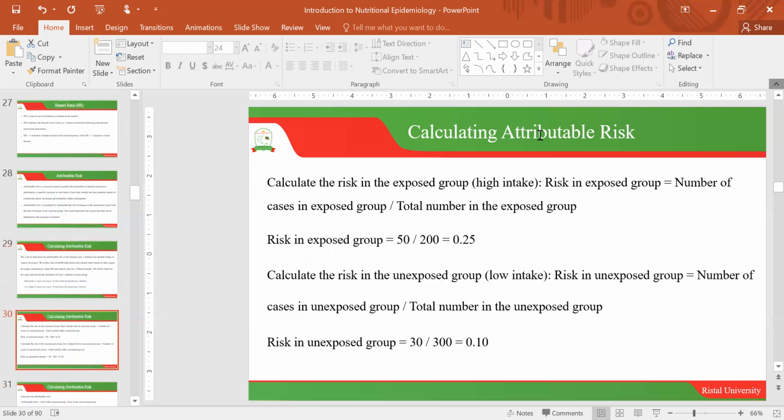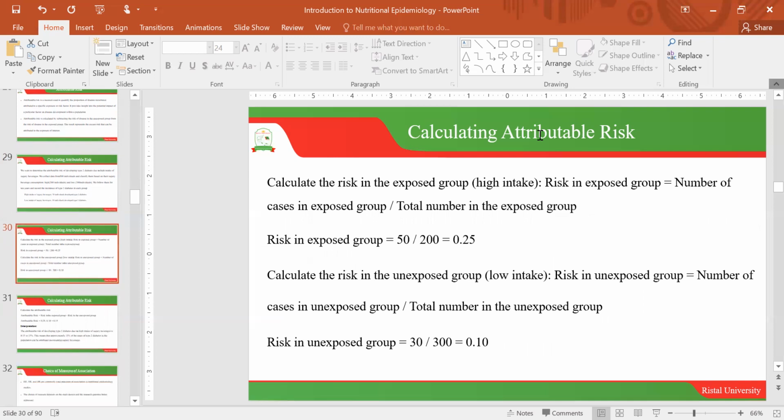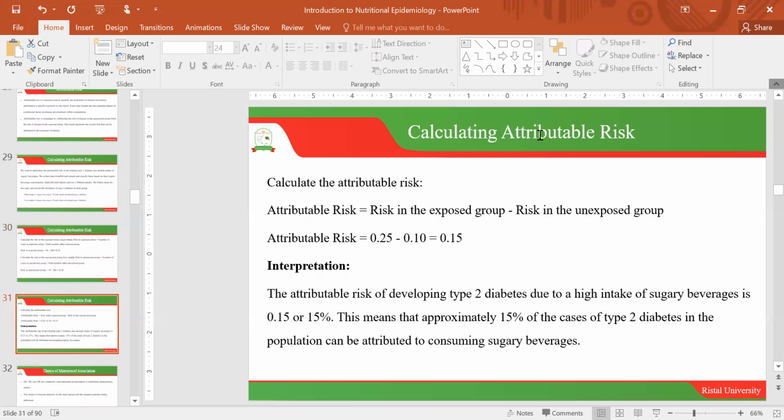So to calculate the attributable risk, you need the risk in the exposed group, which is 50 out of 200, giving 0.25. Then you get the risk in the unexposed, which is 30 out of 300, giving 0.1. You subtract the risk in the unexposed from the risk in the exposed: 0.25 minus 0.1, which gives 0.15.